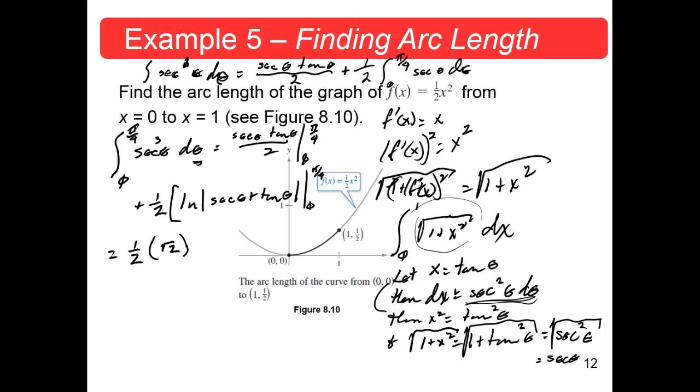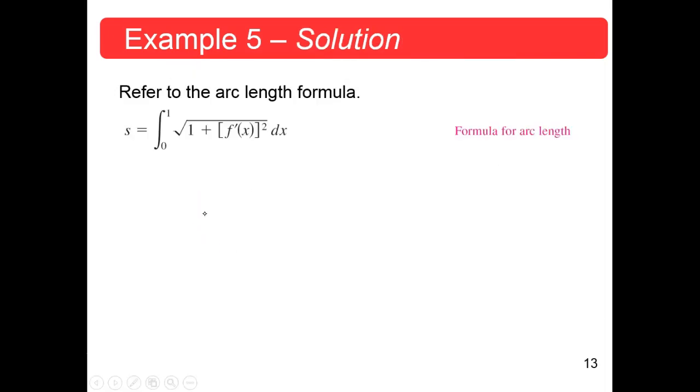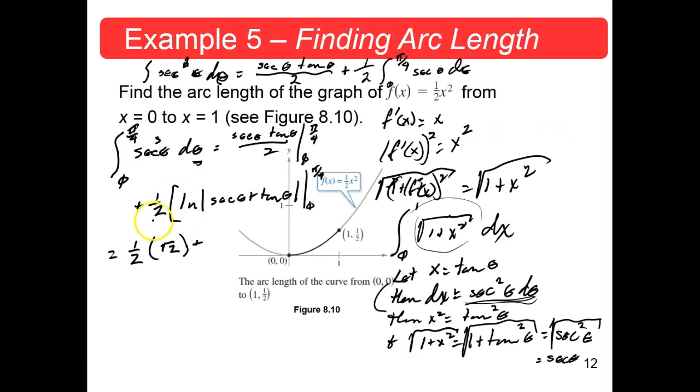Plus, okay, 1/2 again, log of absolute value of secant, again, of pi fourths is, we just said it, square root of 2 plus tangent of pi fourths is 1. So it's log of square root of 2 plus 1.